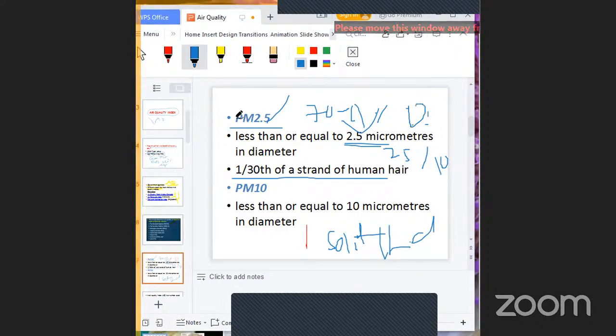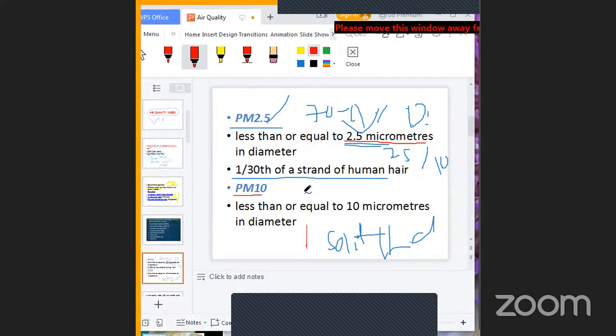So this is PM 2.5. What is that? 2.5 means particles that are less than or equal to 2.5 micrometers in diameter, right?